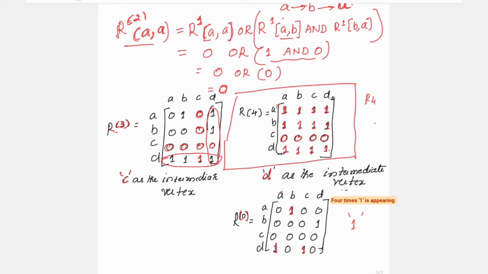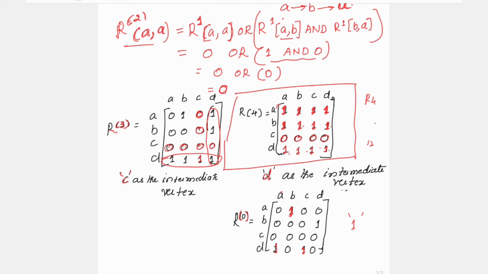Now how many times the 1 is appearing? 1, 2, 3, 4, 5, 6, 7, 8, 9, 10, 11, 12 times the 1 is appearing. That means what? Initially there was a path existing between only these vertices, whichever are shown as 1. Later we found that via intermediate vertices also we can reach the other vertices, and we could see the paths existing between these pairs. So 1 in the final matrix indicates now that there is a path existing.